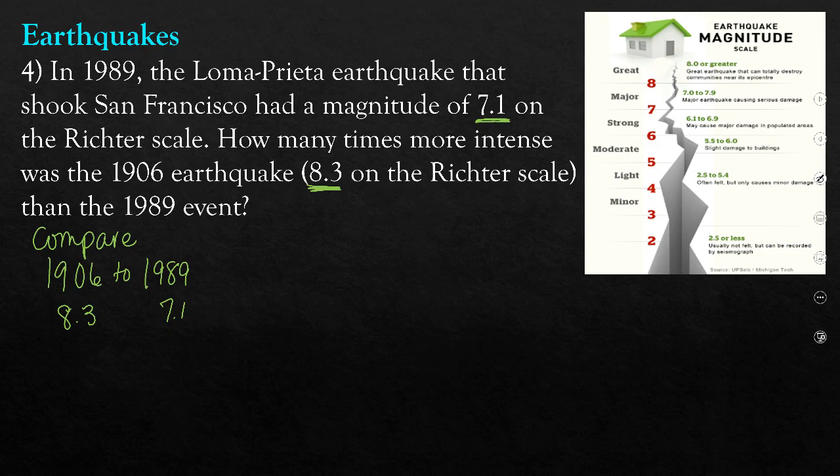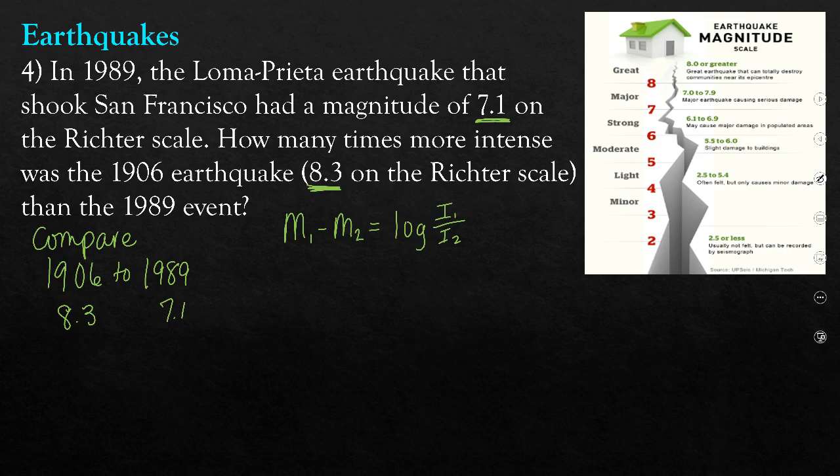In this case, because we are looking for the comparison of the magnitudes, we're going to take the magnitude of the first minus the magnitude of the second, equaling log of the intensity of the first over the intensity of the second, the ratio of them.